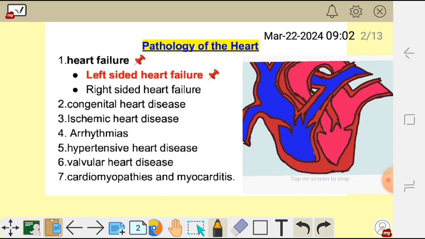If it is right-sided heart failure, we're talking about the right heart failing to pump blood to the pulmonary circulation. And if it is the left, we're talking about the left ventricle failing to pump blood to the tissues.